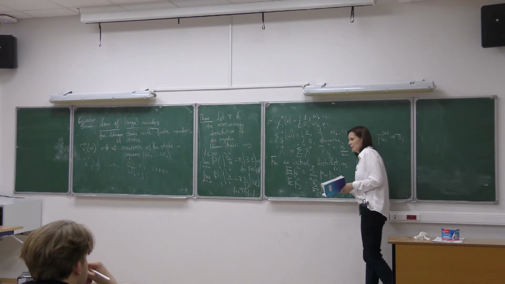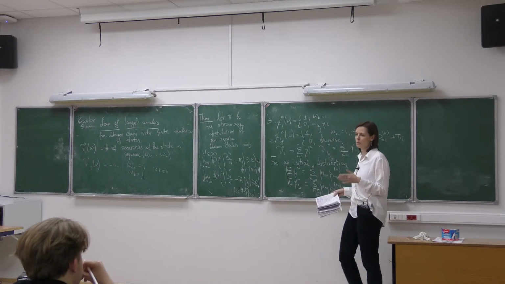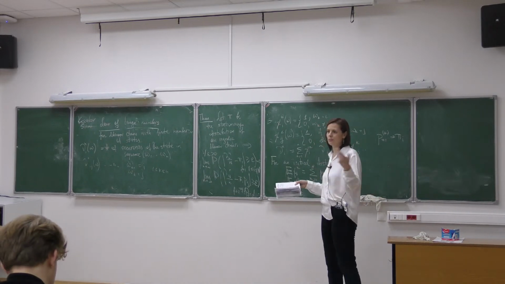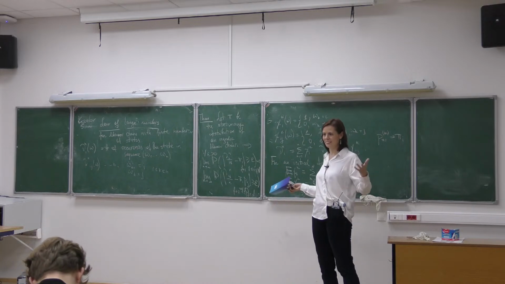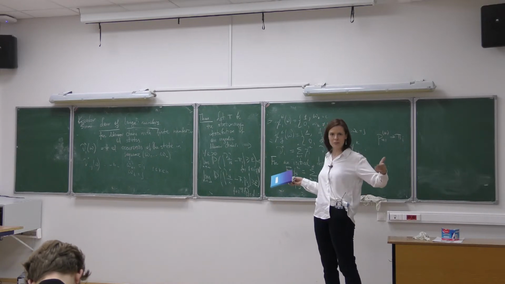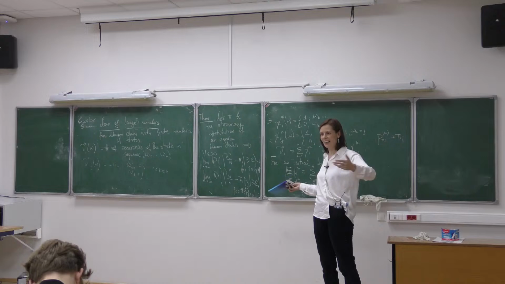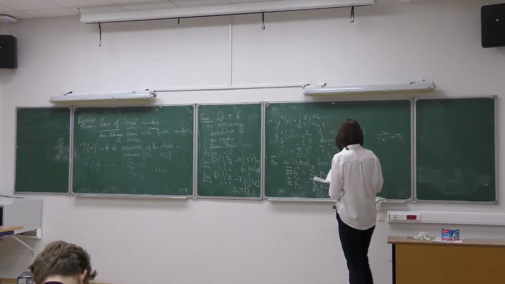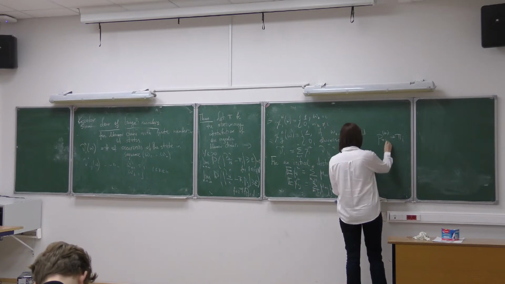And actually, we know that this convergence is exponentially fast. It also follows from our Perron-Frobenius theory, because exactly the Perron-Frobenius value was greater than 1, so the rate of this convergence was exponential. So we know this.